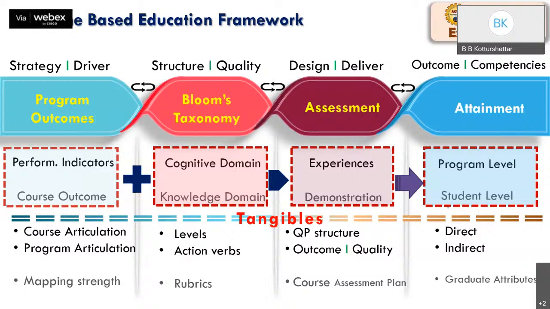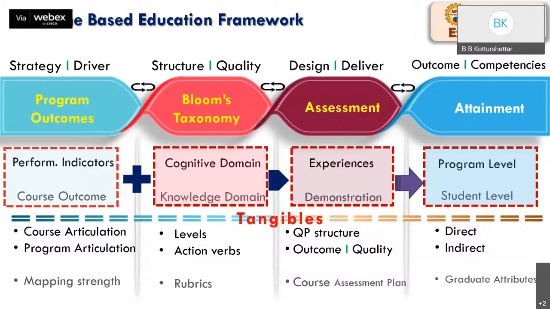So once this is done, then the last phase is attainment, where we measure the attainment of students for each of the program outcomes. So that is nothing but the competencies. So here attainment is at the program level and attainment is at the individual student level.